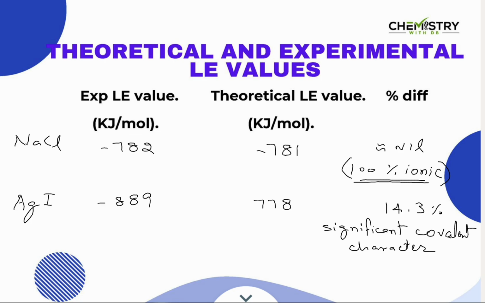In case of silver iodide, on the other hand, the experimental value is minus 889 and the theoretical value is minus 778, much less. And there is a difference of almost 14.3%, which indicates that it's no longer a pure 100% ionic bond. It's mainly ionic, but there is a significant covalent character also arising there.